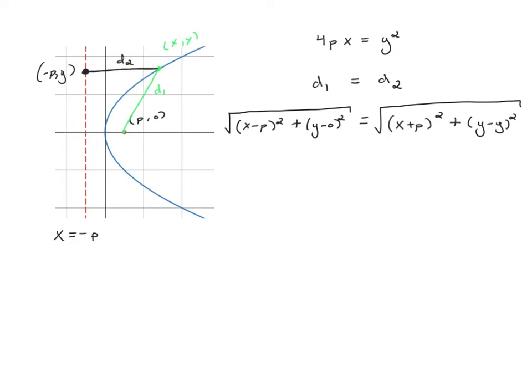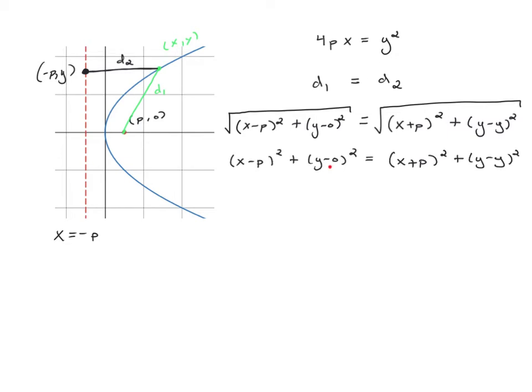I'm noticing immediately that I can square both sides and cancel the square roots. So why not do that? I'm going to square both sides. This gives us (x minus p) squared plus (y minus 0) squared is equal to (x plus p) squared plus (y minus y) squared.